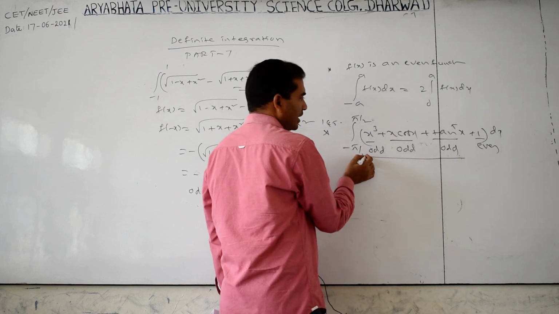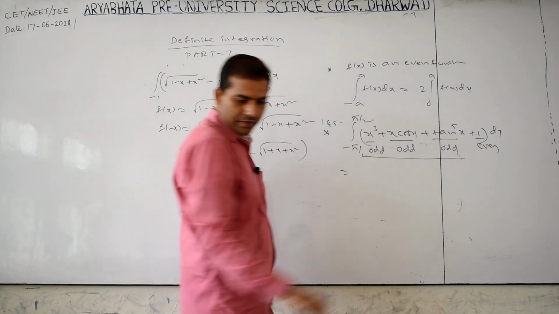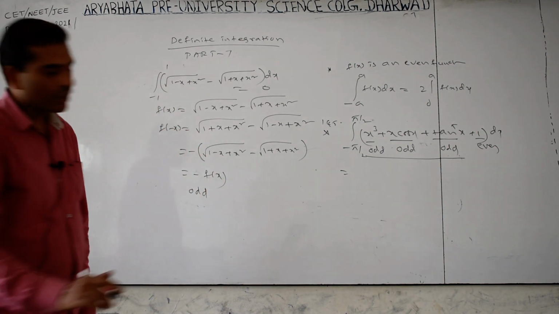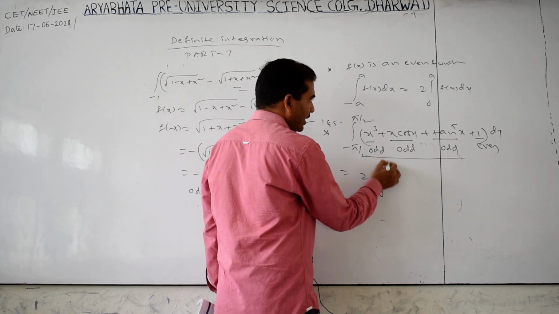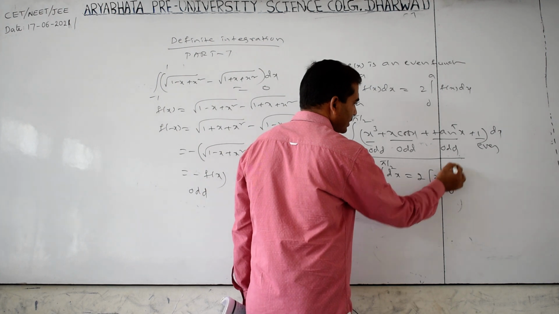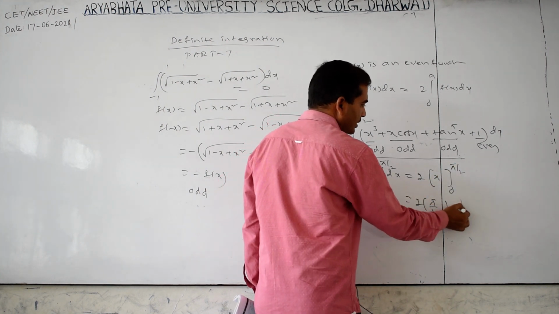If it is an odd function, the value becomes 0, only that. When it is even, 2 into the integral from 0 to pi by 2 of 1 dx. Integration of 1 dx is x, limits 0 to pi by 2, so 2 into pi by 2, the answer is pi.